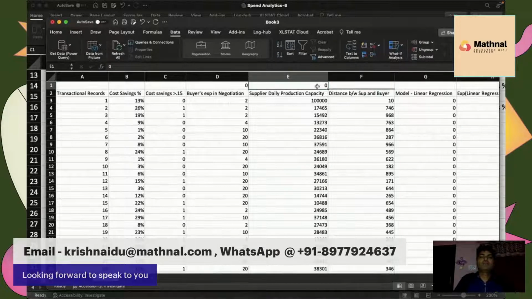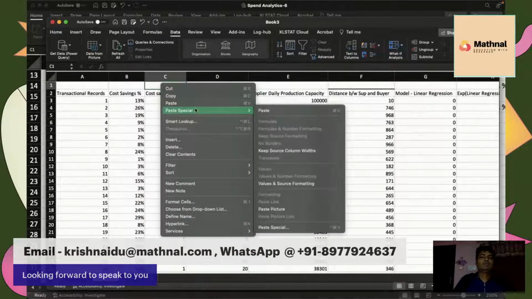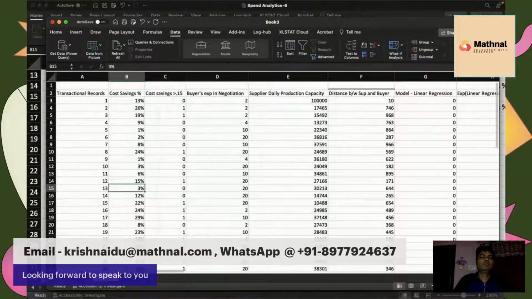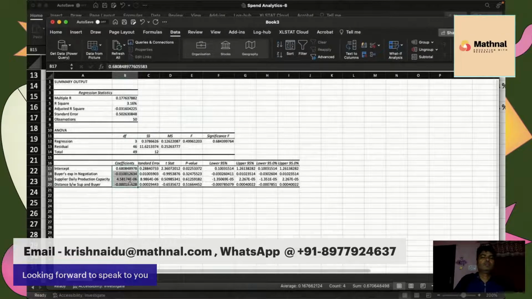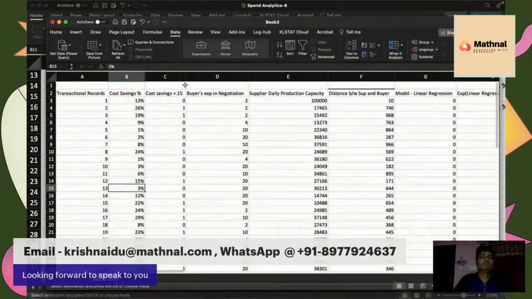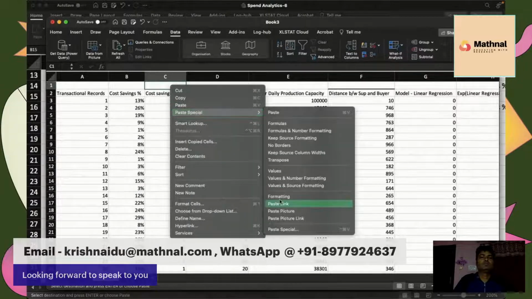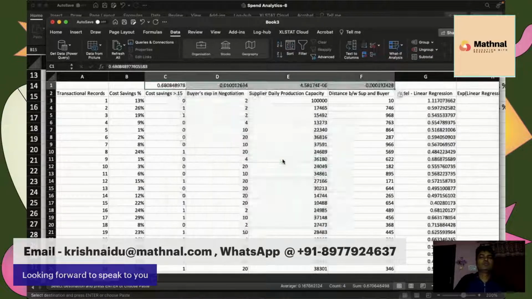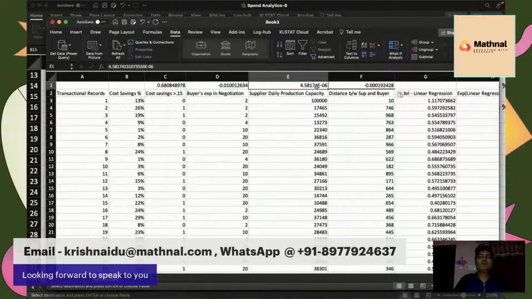So I'm going to make changes here. Look at it, this is almost equal to 0, minus 0.01, this 20 to the power minus 0.6, it's almost equal to 0 only, right?